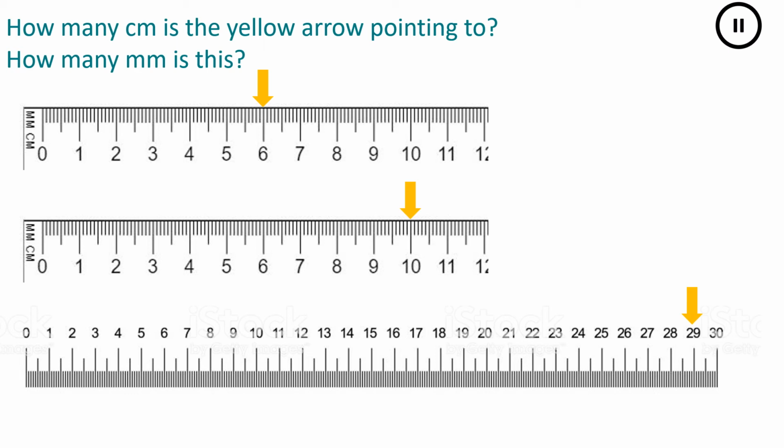Have a look at the amounts that the orange arrow is pointing to on each of these rulers. In the first one, how many centimetres is the yellow arrow pointing to? Can you convert this into millimetres? In this one here, I can see the arrow is pointing to 6 centimetres.